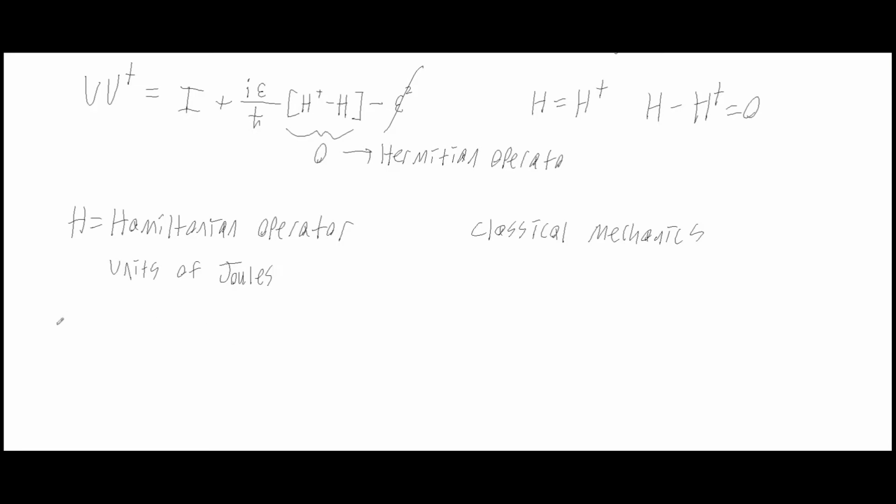So if we went back to classical mechanics, the Hamiltonian is equal to the sum over i of q i dot, which is velocity, times p i, which is the momentum, and then we subtract the Lagrangian from it.